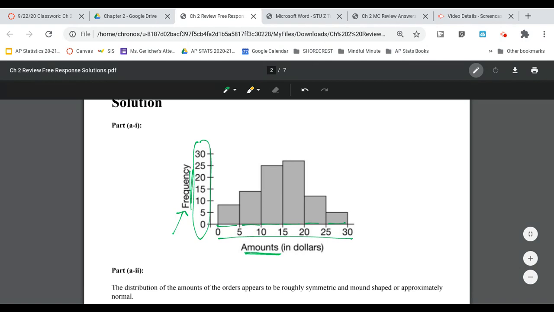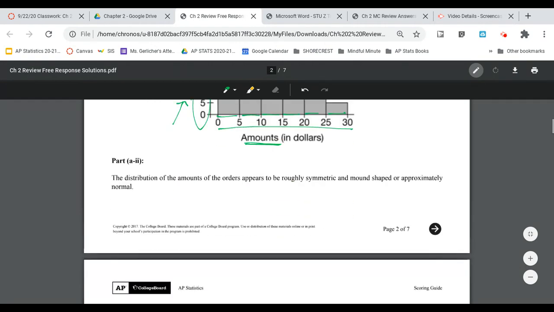You could also say the word counts would be fine. But maybe this is a relative frequency, maybe this is something different. You don't know. So a histogram should have words on X and Y, and the word on Y is either frequency or relative frequency. And then the shape is what it is: approximately normal, approximately symmetric, mound shaped, that kind of thing.